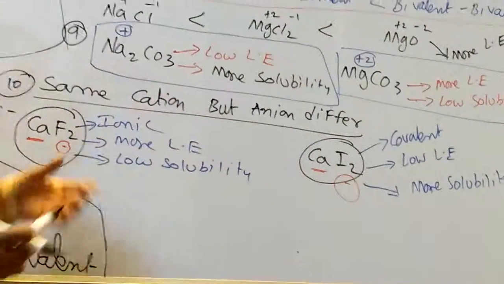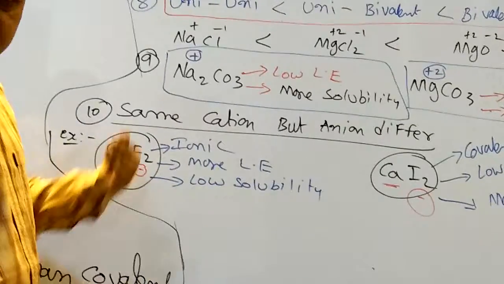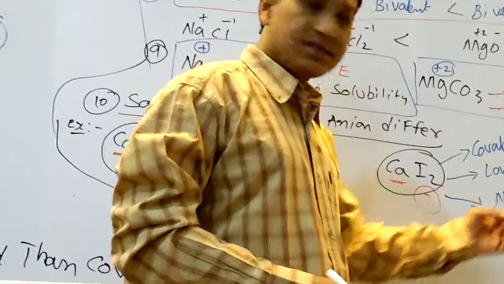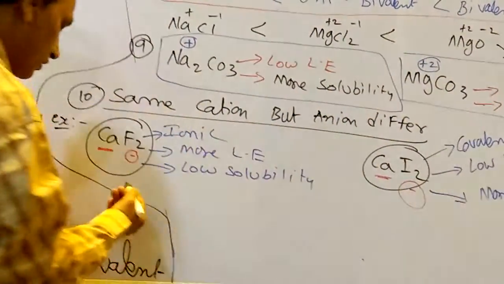Same cations, but anions are different. Small anion is ionic, big anion is covalent. Ionic character increases, lattice energy increases, solubility decreases. Covalent character increases, lattice energy decreases, and solubility increases.